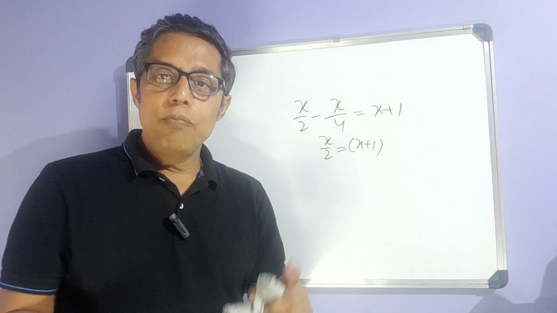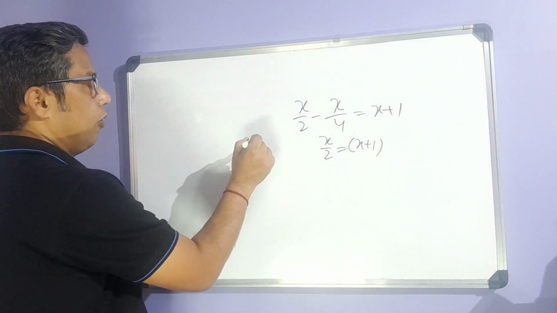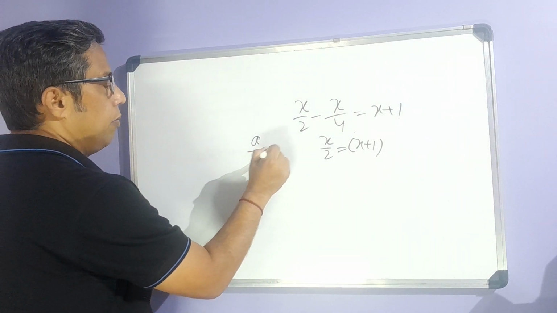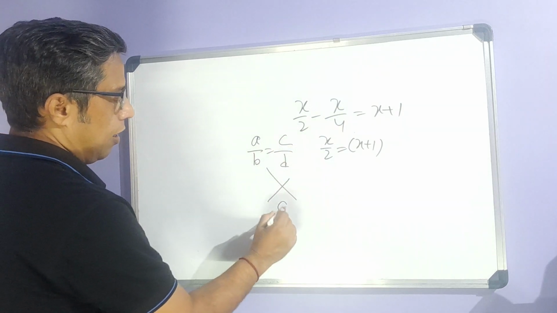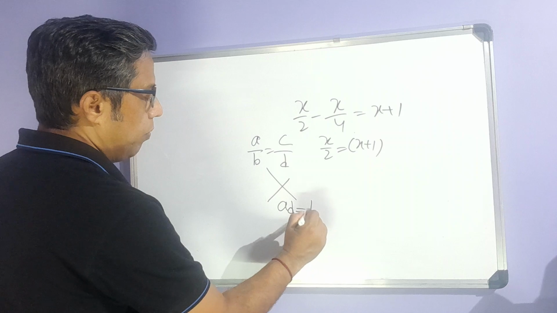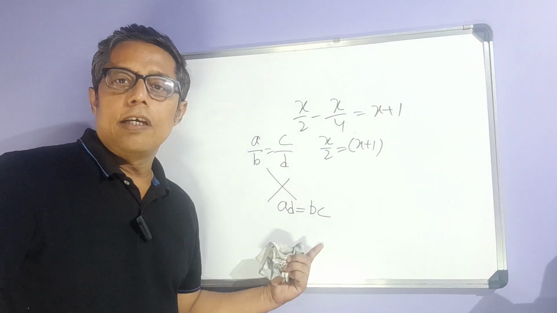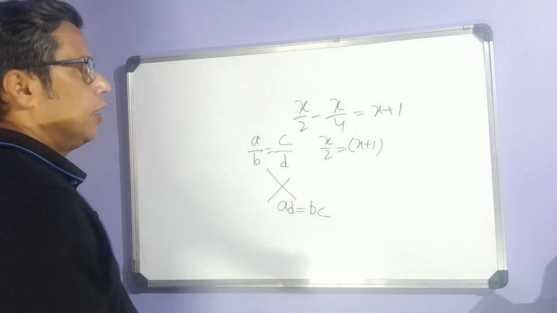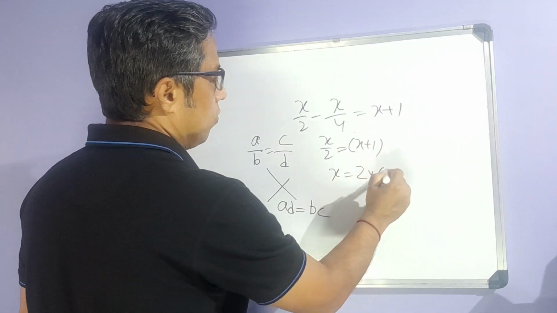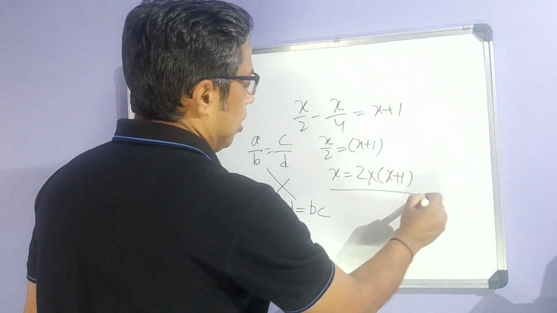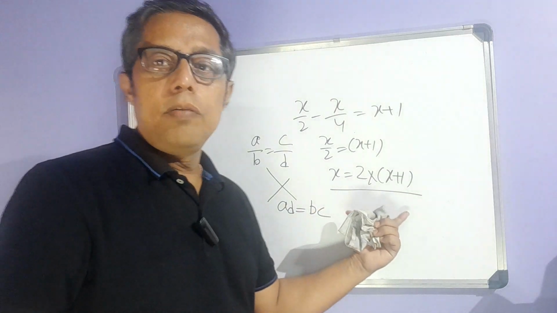Then one more major mistake is in cross multiplication. A by B is equal to C by D. So it will be like a cross connection. AD is equal to BC. Cross multiplication. Very important. So from here, by cross multiplication, x is equal to 2 into x plus 1. So this is a cross multiplication.